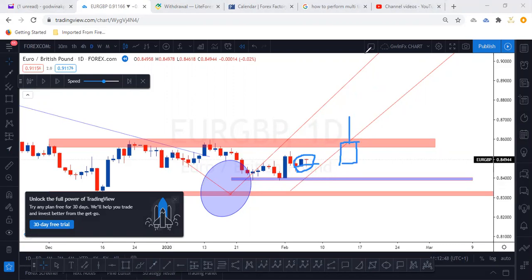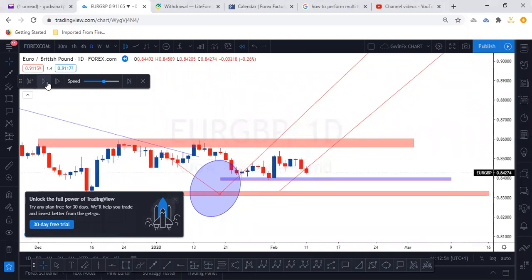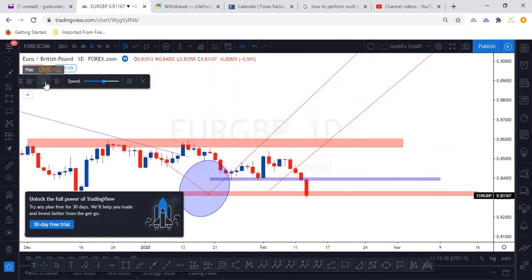All right, coming to the next day, what happened? Friday closed back at the support as we saw it, but with this candle I want to see a bullish candle, to see if the support holds. So Monday came in bearish, so definitely we did not take that trade.